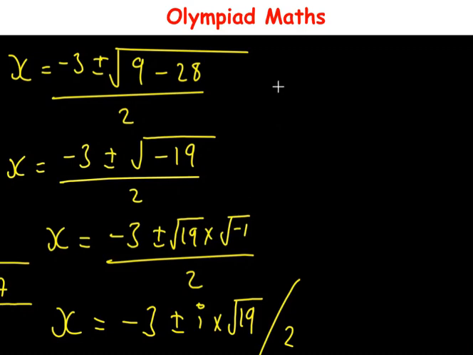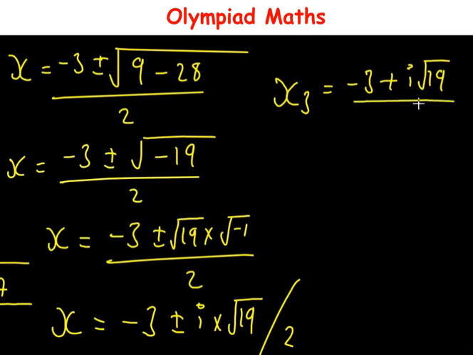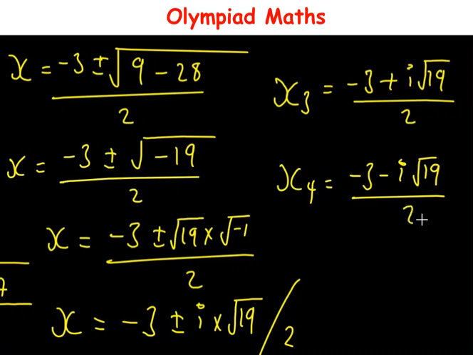With this, we have the third solution for x to equal minus 3 plus i times root 19 all over 2. The fourth solution for x is equal to minus 3 minus i times root 19 all over 2.